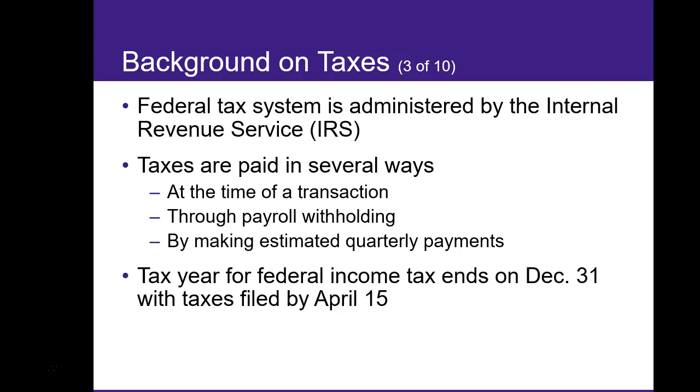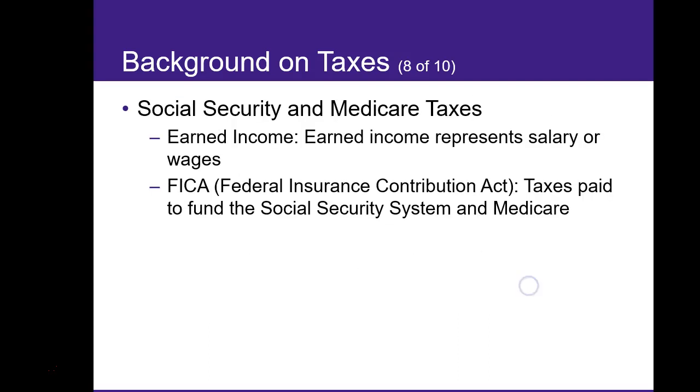And if you are self-employed, you might make what we call estimated quarterly tax payments to the federal government. Typically, the calendar year ends on December 31st, and taxes are owed for individuals by April 15th of that following year. There are deductions for Social Security taxes and Medicare taxes.